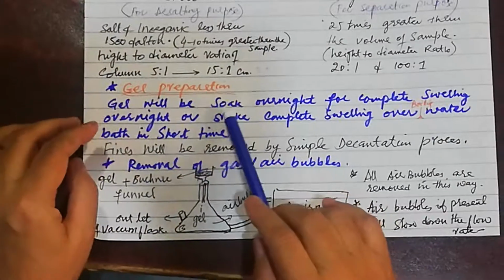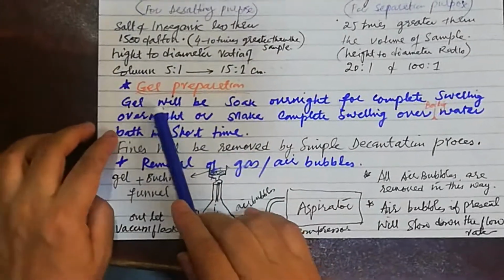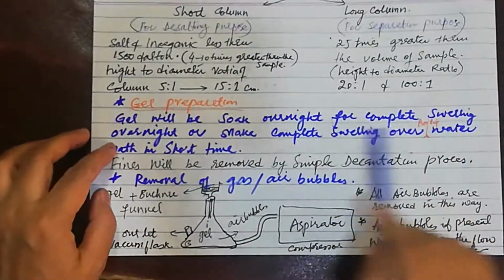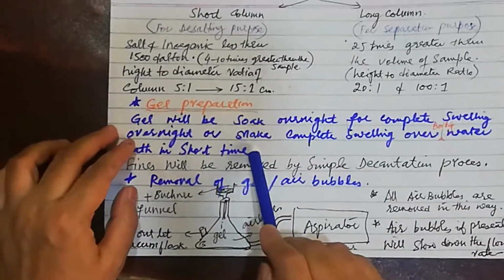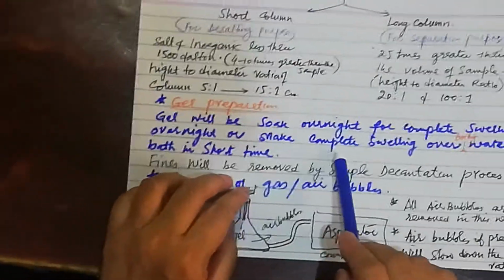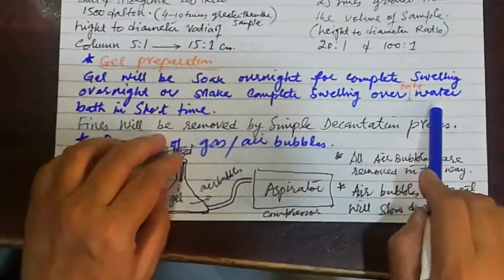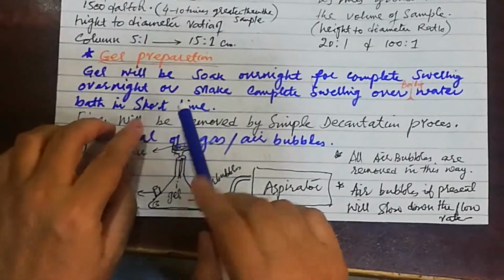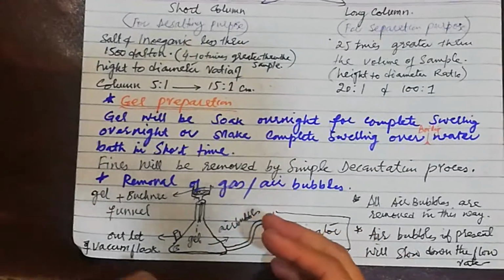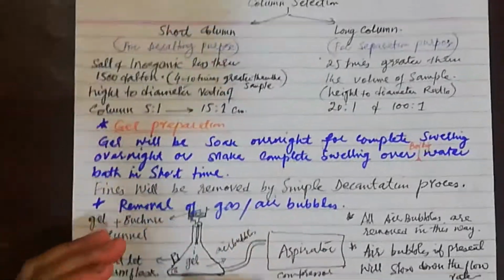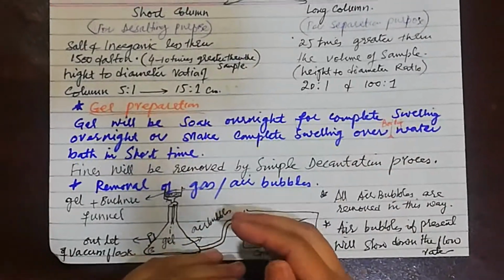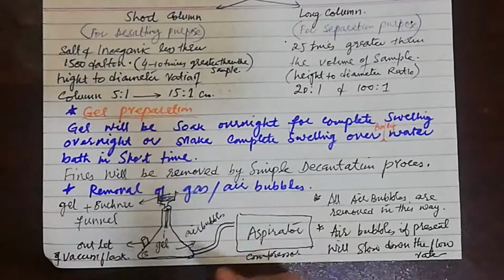In gel preparation, the gel will be soaked overnight for complete swelling, or, in order to save time, you can swell your dry gel in a boiling water bath to reduce the swelling time.